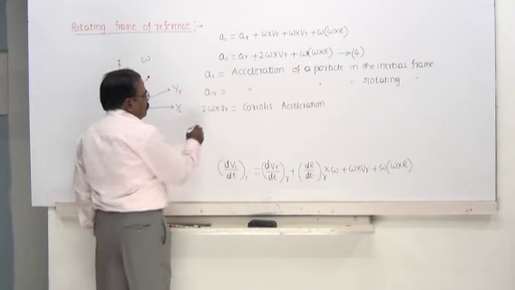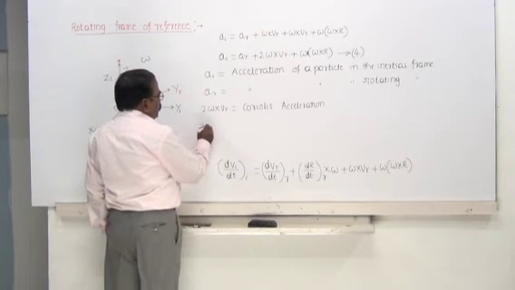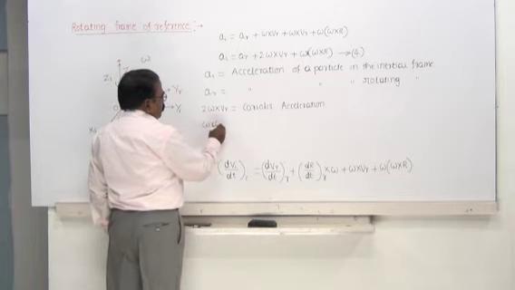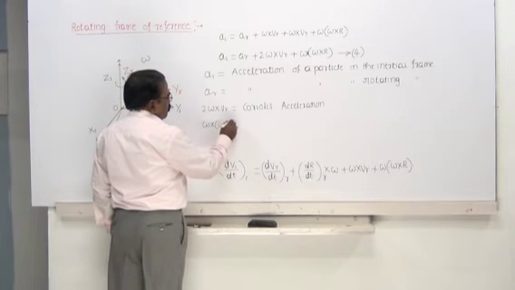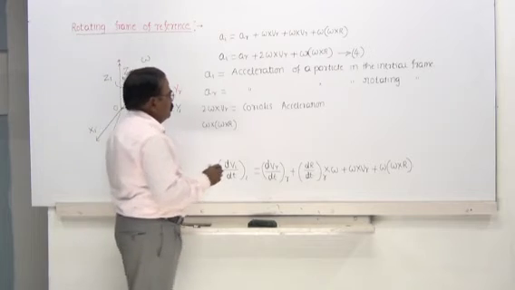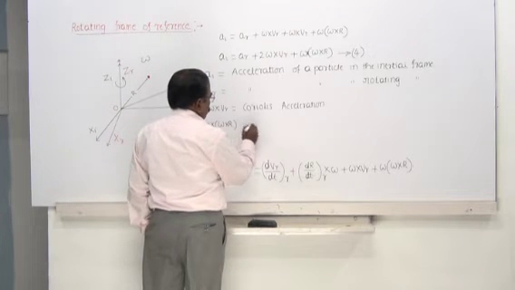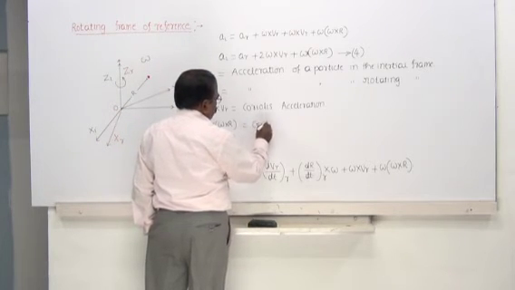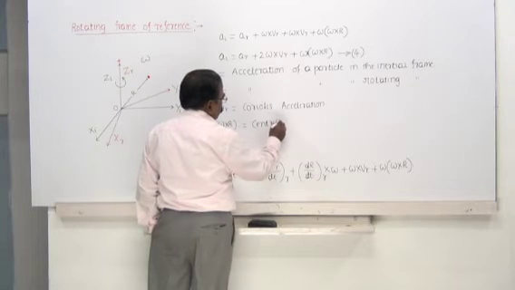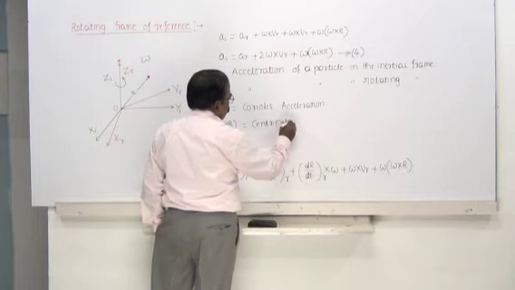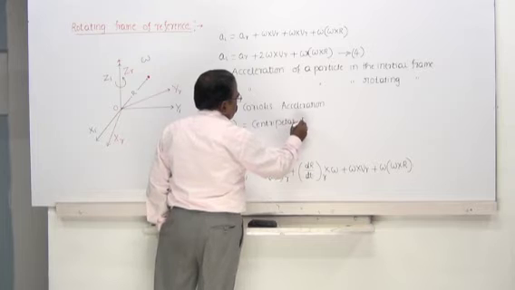And the term omega into omega R is called centripetal acceleration.